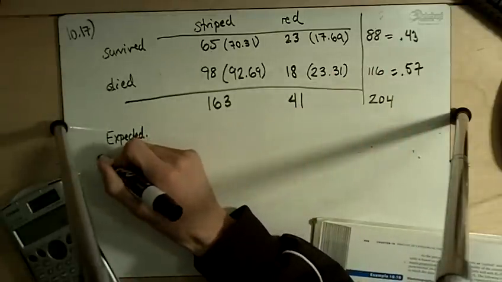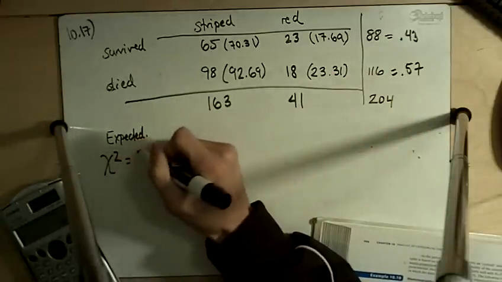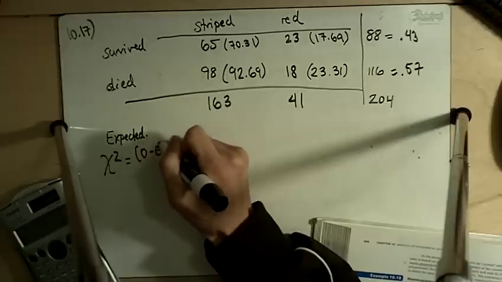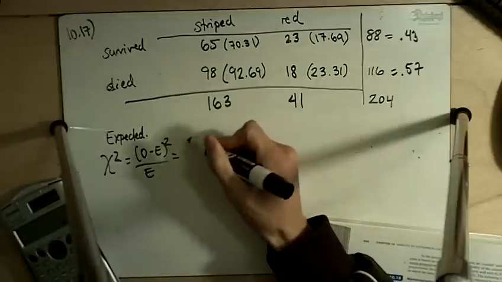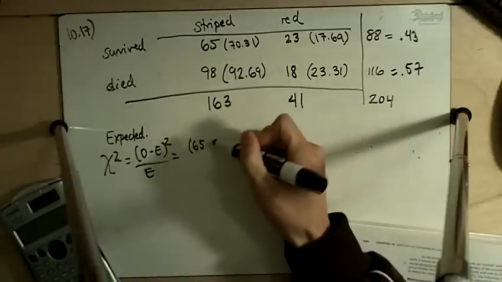So our chi-squared statistic, as always, is observed minus expected squared divided by expected. We have four things to add up.